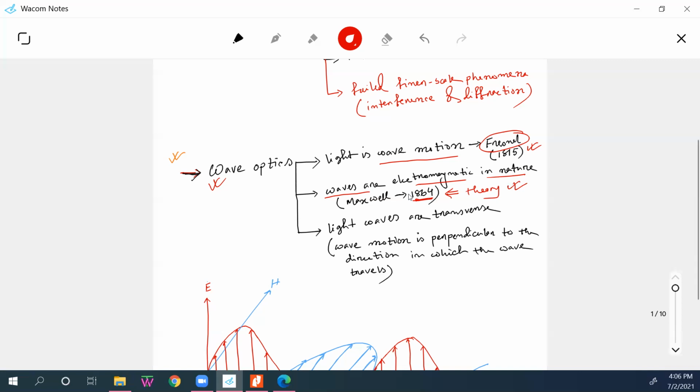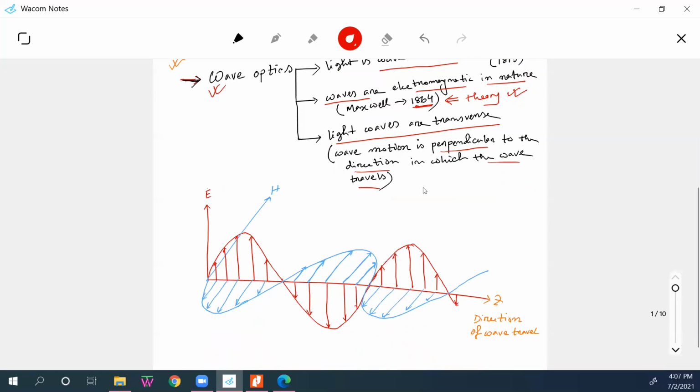Because light is electromagnetic in nature, light waves are transverse. Transverse means the wave motion is perpendicular to the direction in which the wave travels. In short, this is the wave motion. Maxwell gives the formulas for electromagnetic waves.